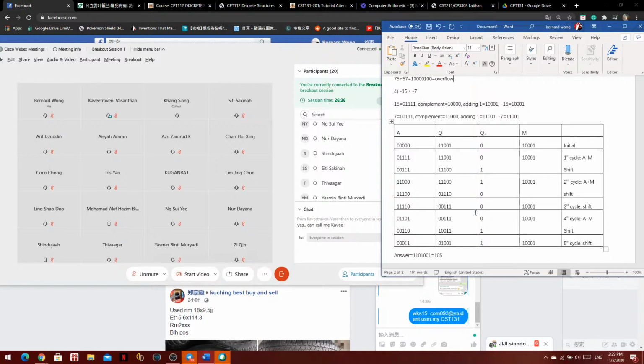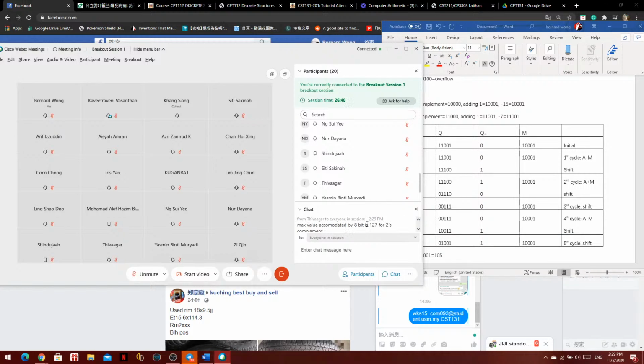Okay, I see the answer: exceed the number of bits, as it is more than 127. Because this is 2's complement, 2's complement is only able to represent negative 128 to 127. So that's the maximum. So 132 is out of the range of 2's complement in 8 bits. That's why an overflow occurs. Yes, correct.